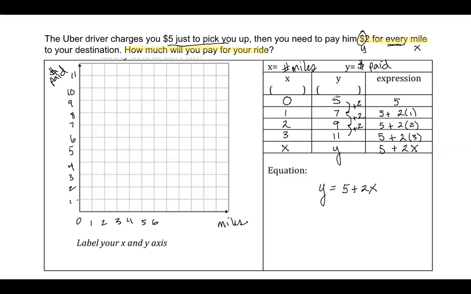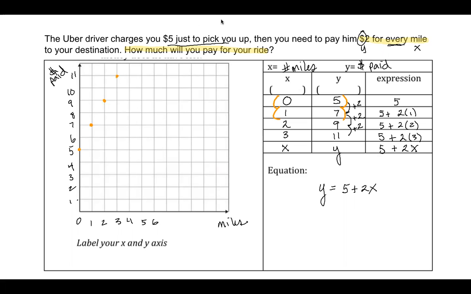So when X is 0, Y is 5. Let's get a new color. When X is 0, Y is 5. So that's this point right here, 0, 5. When X is 1, Y is 7. That's this point right here, 1, 7. When X is 2, Y is 9. That's this point here, 2, 9. And then 3, 11.